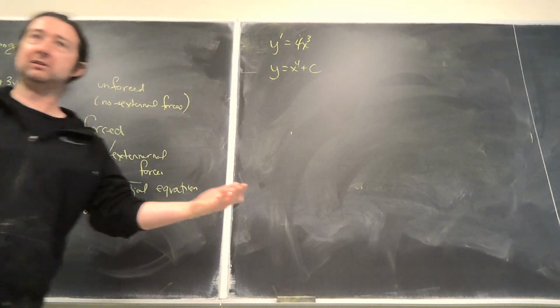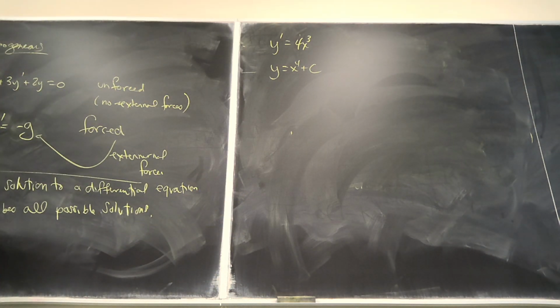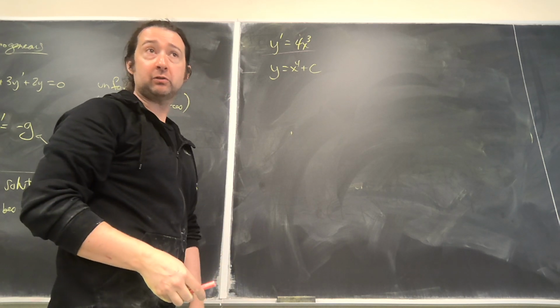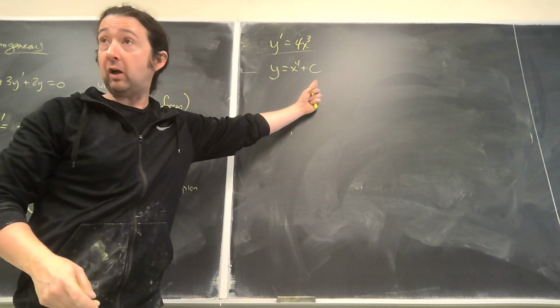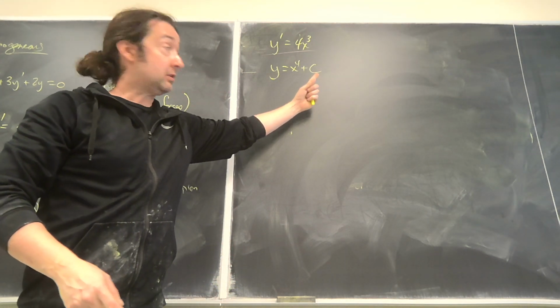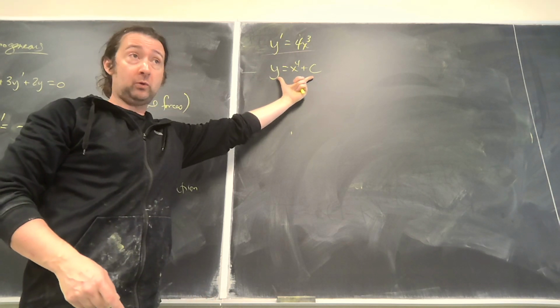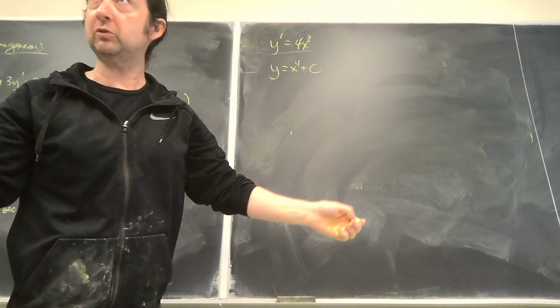I could just integrate to get the answer. So that is the general solution because every possible solution to this differential equation is described here. There's an arbitrary constant, but any solution to this differential equation must be of this form. So this is all the solutions.